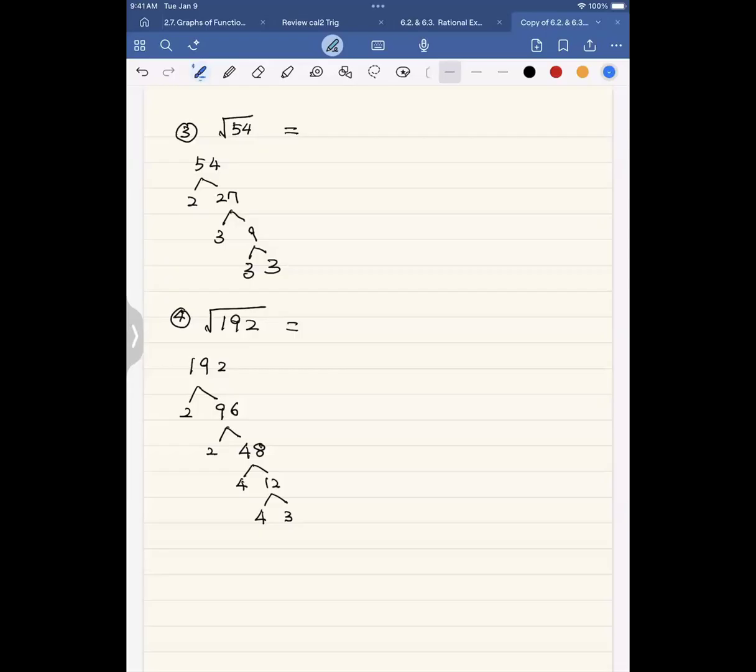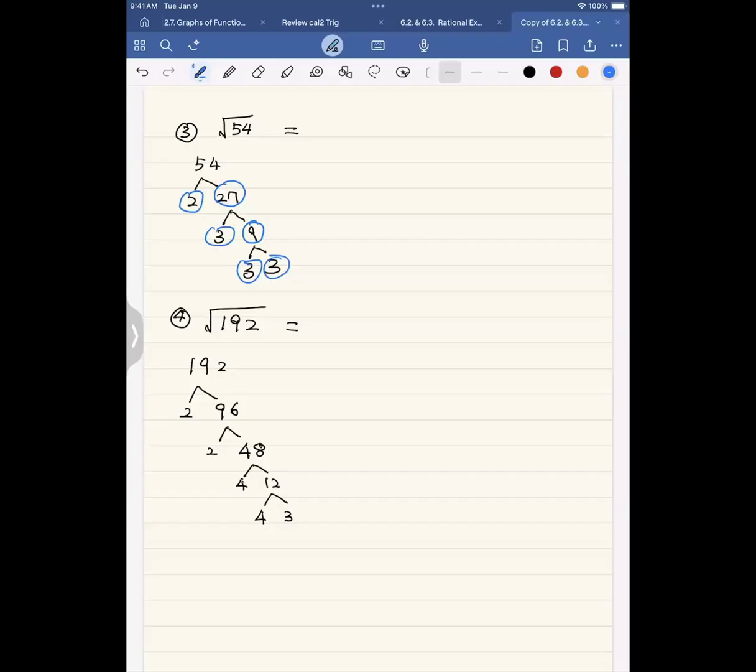The next one is about the square root of 54. 54 is 2 times 27, and 27 is 3 times 9, and 9 is 3 times 3. So it is 2 times 3 times 3 times 3.